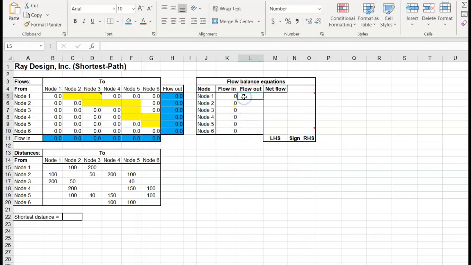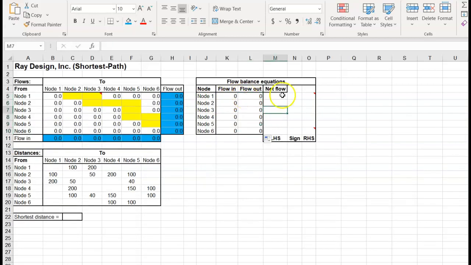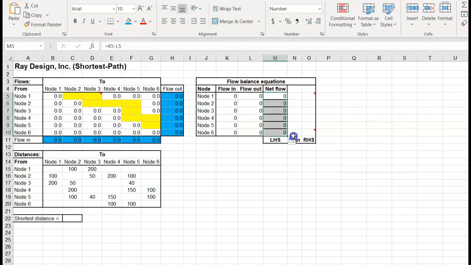And the flow out are these cells in one single column, so I can drag these down without formatting. The net flow is simply equal to inflow minus the outflow, and drag it down.